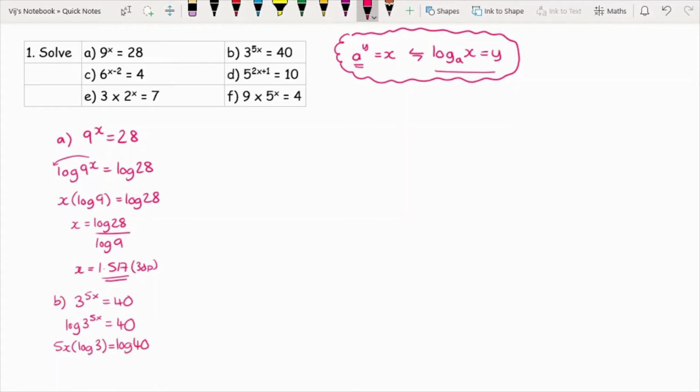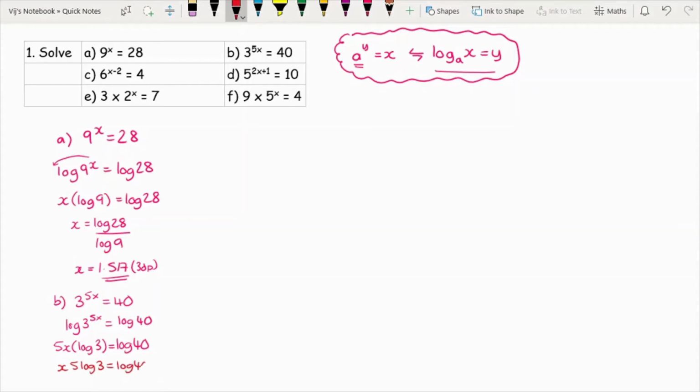Now bear with me because I've seen a mistake as I am trying to multitask but failing. That should be log 40. And then we take this log 3 over to this side, so we get 5x equals, well, it'd actually be better for me to rewrite this as x times 5 log 3 equals log 40.